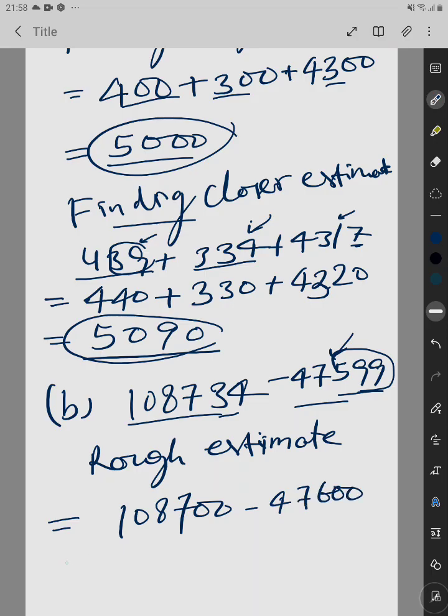Now we can subtract it and find our answer. It is 0, 0, then 7 minus 6 is 1, and 108 minus 47 we can write directly, but we will solve it one by one. So we subtract 8 minus 7, then we get 1, and then we have 10 here and 4 here, subtract 6. So this is the rough estimate.